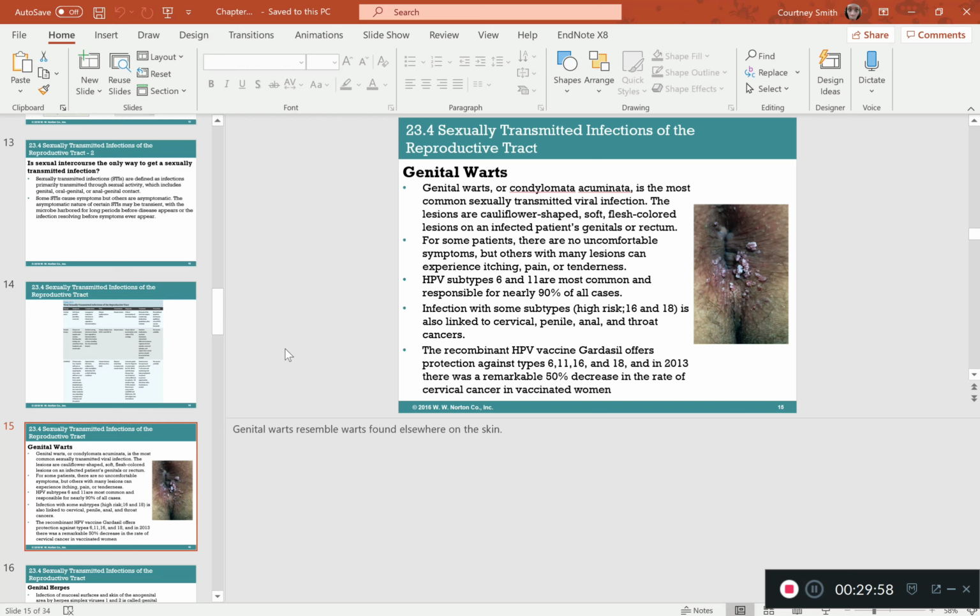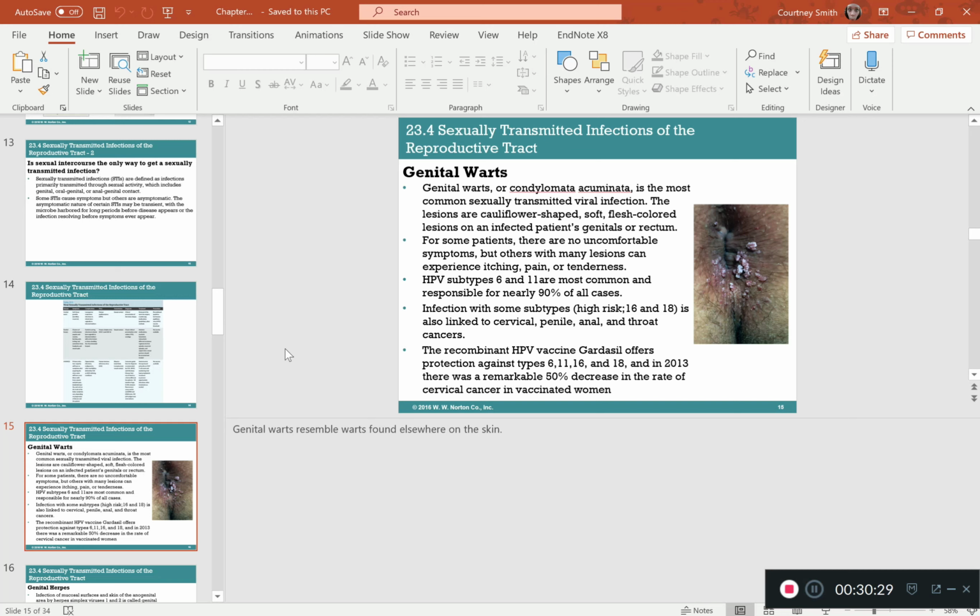The two main types highly linked to cervical cancer rates are 16 and 18. To prevent that, there is an HPV vaccine specifically against subtypes 6, 11, 16, and 18, and with that vaccine coming out, it has drastically reduced the rate of cervical cancer.